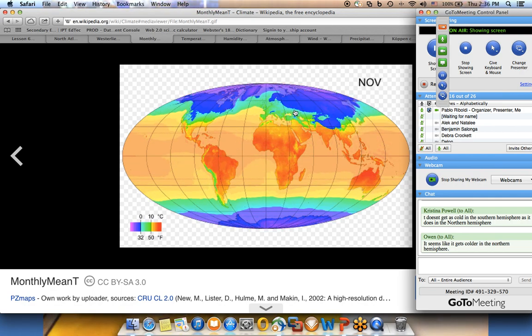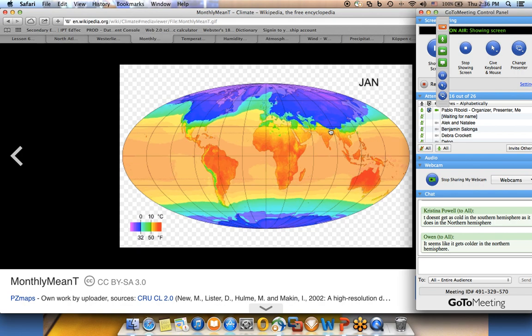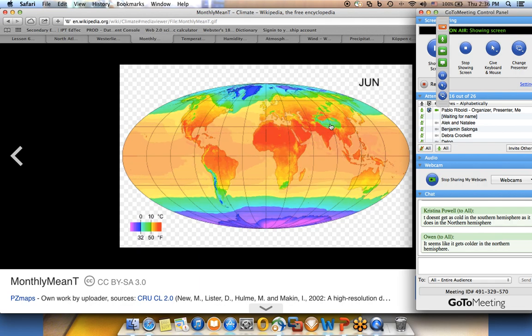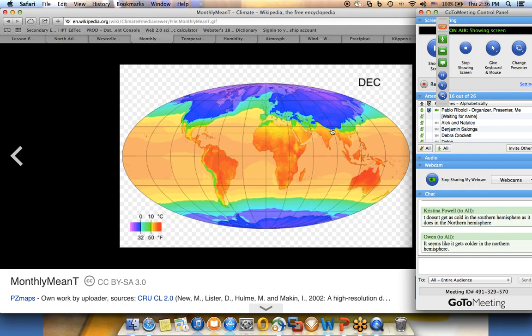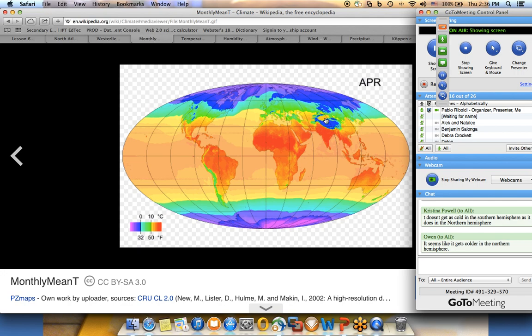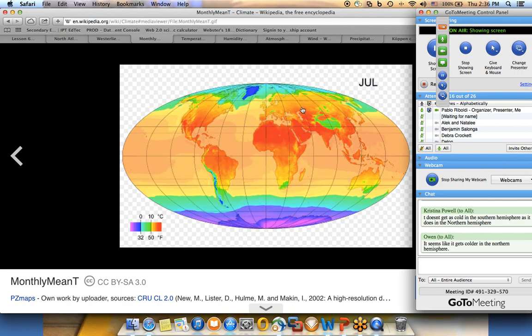This area, of course, is the Himalayas, very, very high altitude. But see how during the months of winter it really gets very, very cold here in Asia.